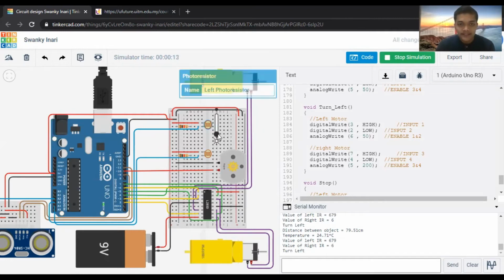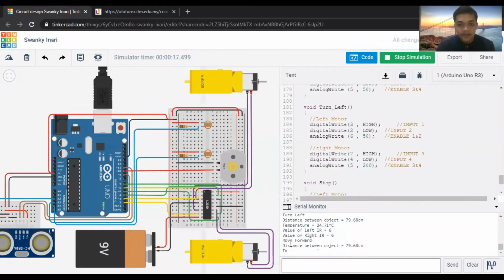And when I set it back, and the right photoresistor finds the white line, the robot will turn to the right and the right motor will move slower than the left motor.